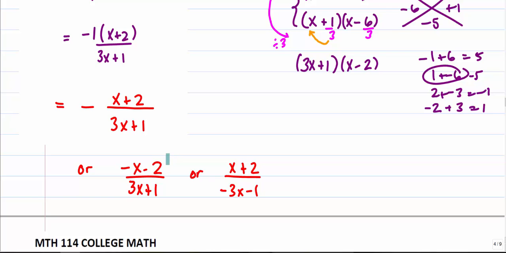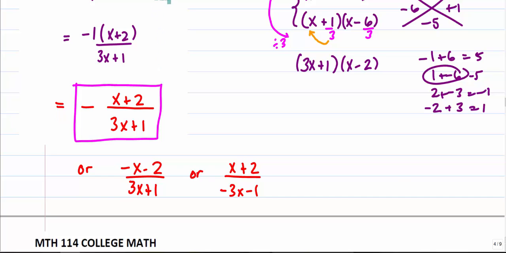Meaning I could have distributed the negative here and gotten negative x minus 2, or I could have moved it down here and distributed it down there and gotten negative 3x minus 1. But you can't do both. You have to choose one or the other. Personally, this is my preferred way of writing a negative fraction. It just looks a little bit better.